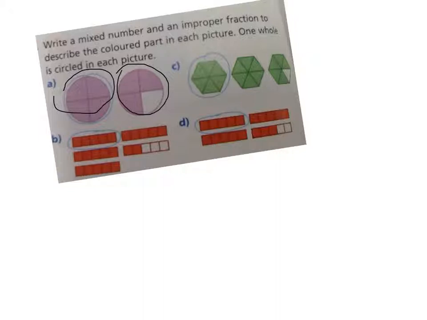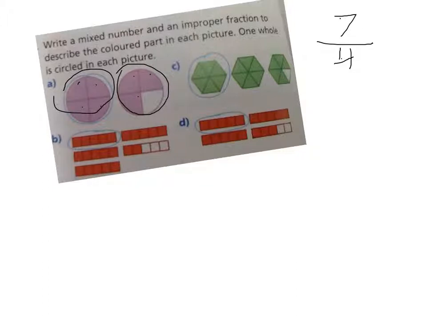So that's easy. We can count 1, 2, 3, 4, 5, 6, 7. So the numerator for part A would be 7. The bottom number, denominator, tells us what type of fraction it is. So each whole piece here is divided up into fourths or quarters. So for this, the denominator is 4.